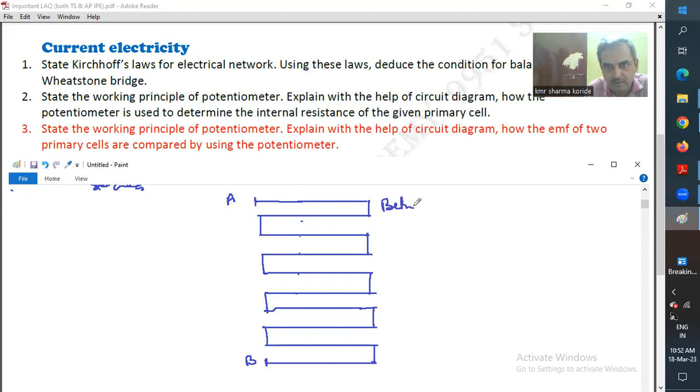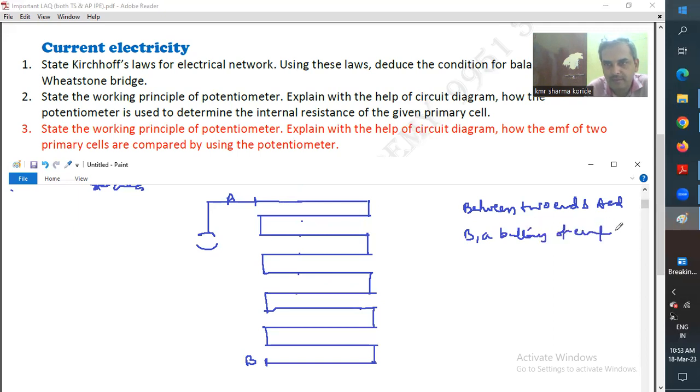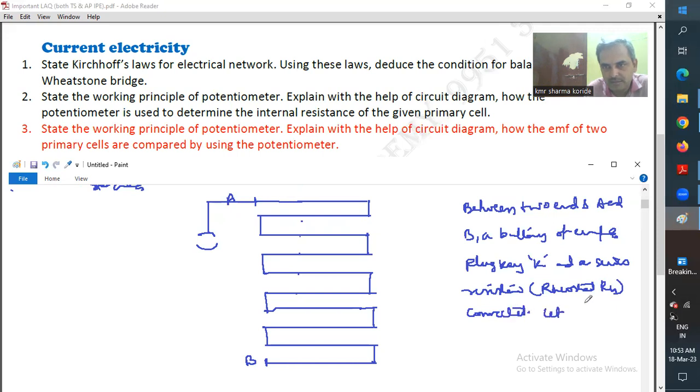So between the two ends A and B, a battery of EMF E, plug key K, and a series resistance, you can also call it a rheostat, are connected.